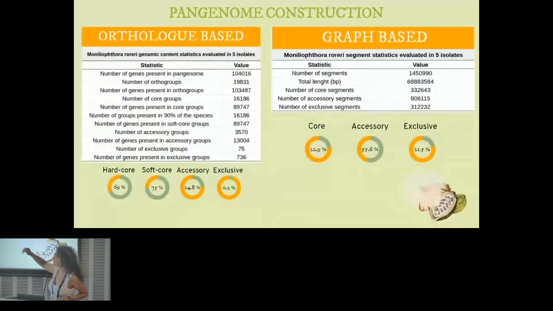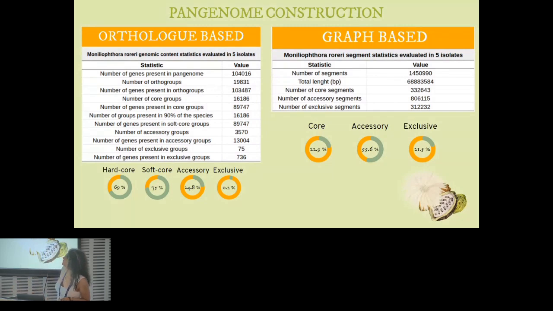So on the right, you can see your ortholog-based pangenome, and we see the pangenome classes. As I said, we have hard core and soft core. Those are like the core, the main genes that a species needs to maintain itself, to survive. And then we have accessory and exclusive.